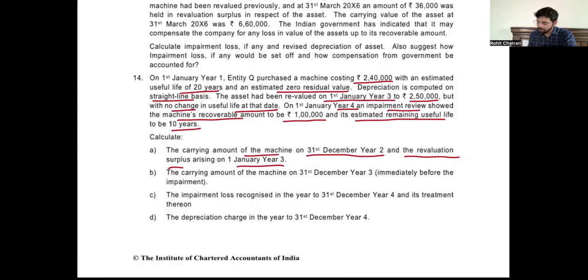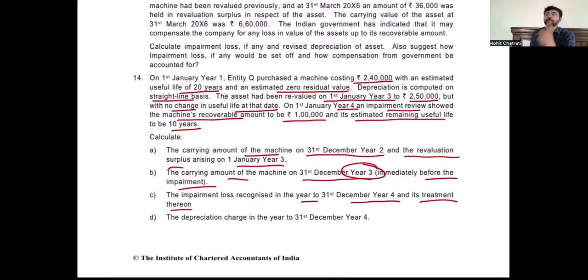Next one is the carrying amount of the machine on 31st December year 3. At the end of third year, what is the carrying amount of the machinery before you charge the impairment? Impairment was charged on 1st January year 4. Then the impairment loss that is recognized in the year to 31st December year 4, and its treatment.